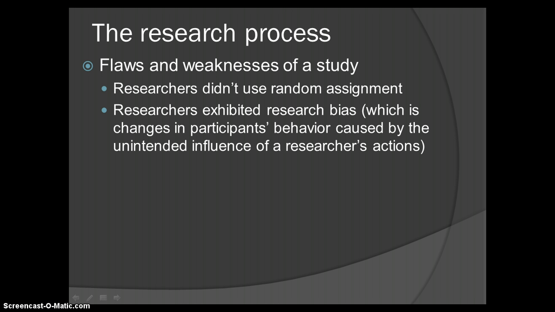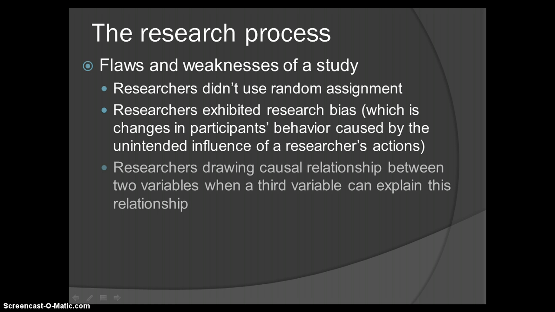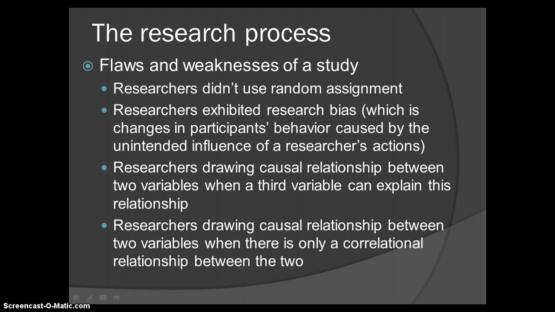Researchers exhibited research bias, which is changes in participants' behavior caused by the unintended influence of a researcher's actions. Researchers drew a causal relationship between two variables when a third variable can explain this relationship. And researchers drew a causal relationship between two variables when there is only a correlational relationship between the two.